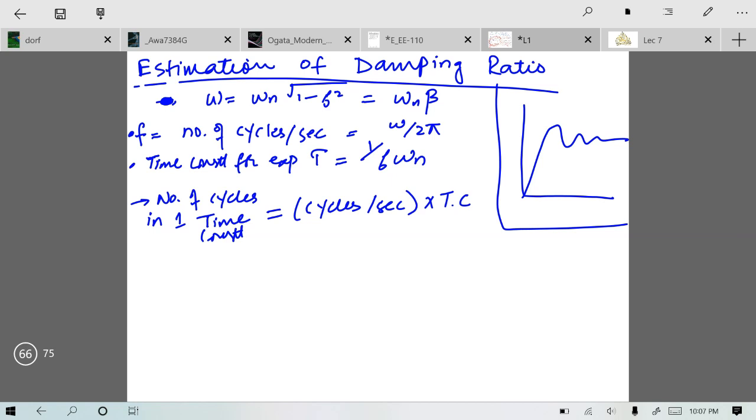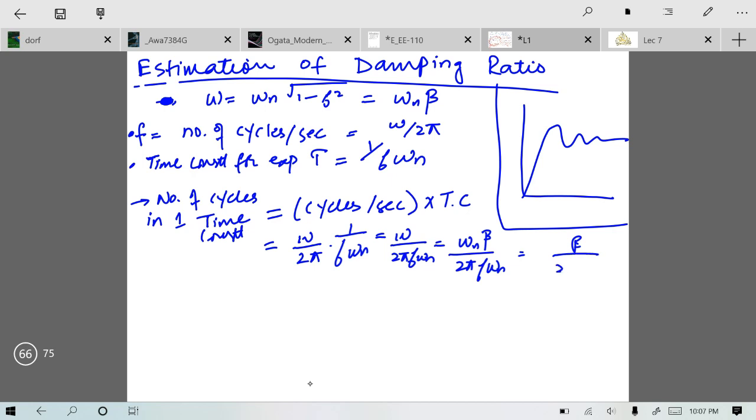Cycles per second is omega over 2 pi, and tau is 1 over zeta omega n, so it is equal to omega over 2 pi zeta omega n, which is equal to omega n beta over 2 pi zeta omega n, which is equal to beta over 2 pi zeta.